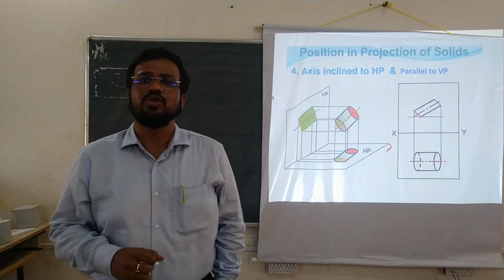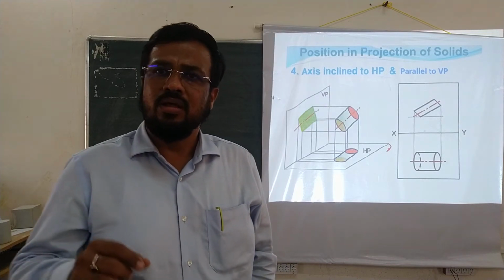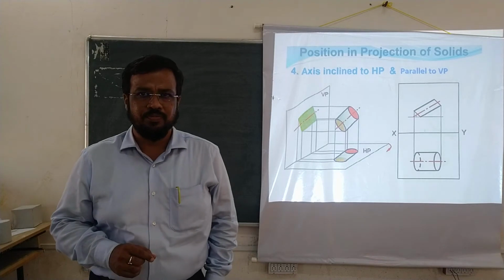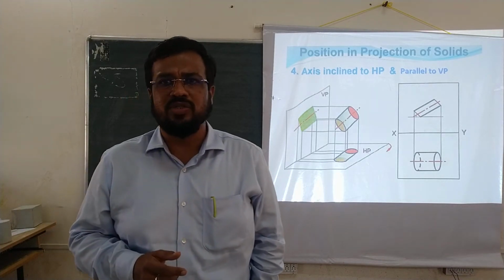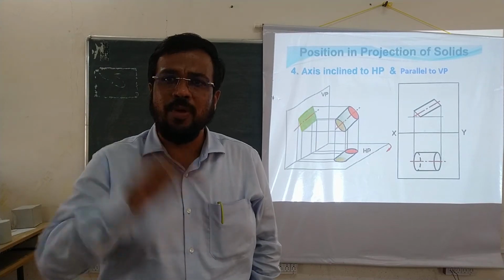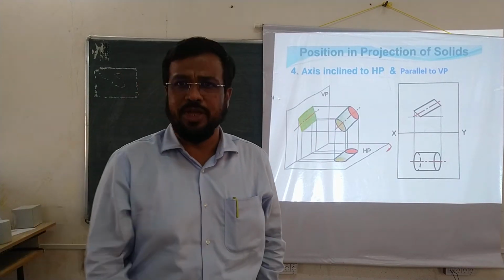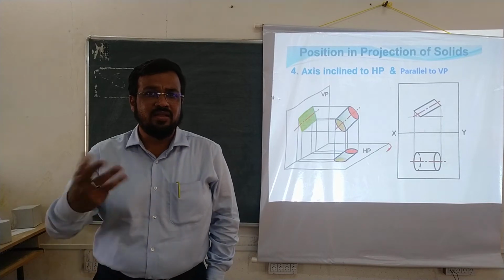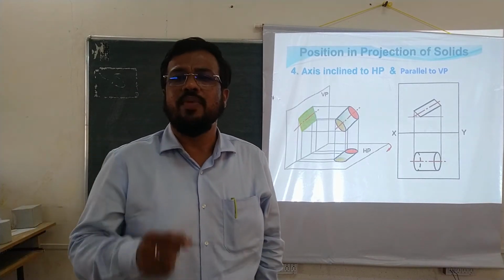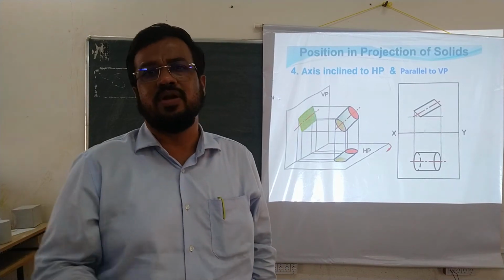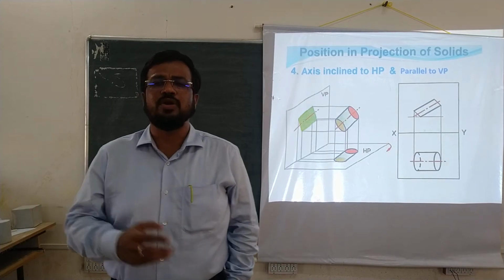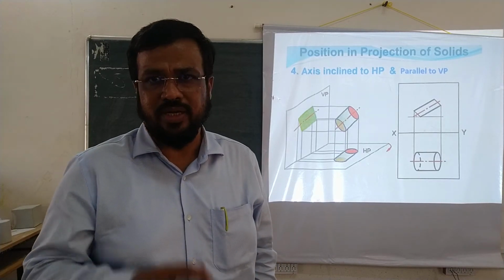The second condition we studied was the axis of solid perpendicular to VP and parallel to HP. And the third condition was the axis of solid parallel to both the horizontal plane and the vertical plane. With this position we have drawn the front view and top view of this object.